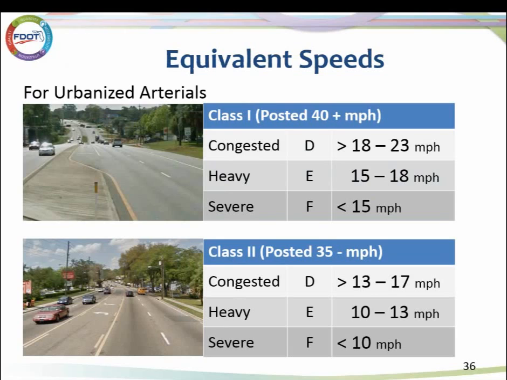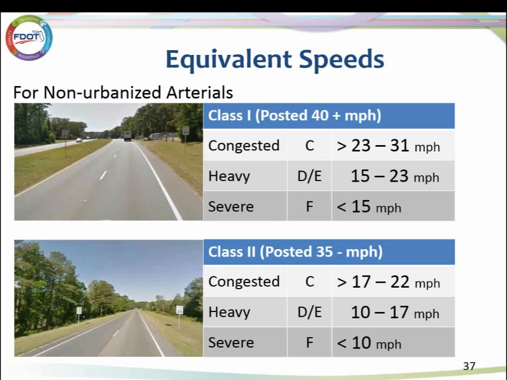Arterial roadways are further classified based on their posted speed limit. Each arterial class has different speed thresholds for their level of service letter grades. Class 1 facilities are higher speed and typically have less signal density. Traveler expectations differ based on where they are.